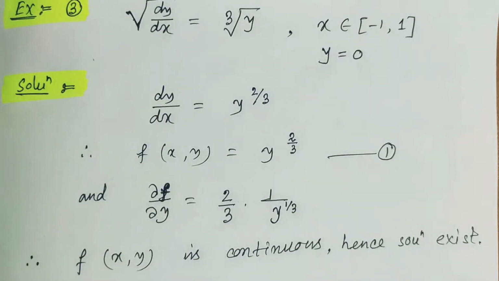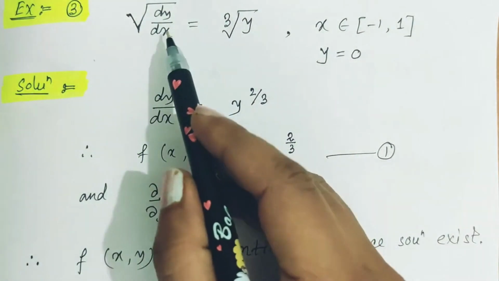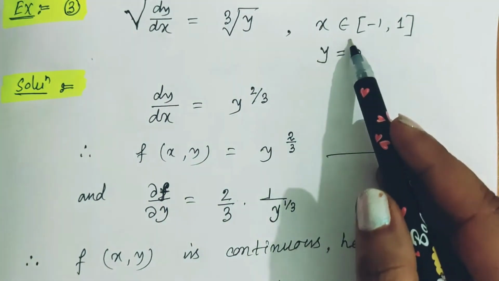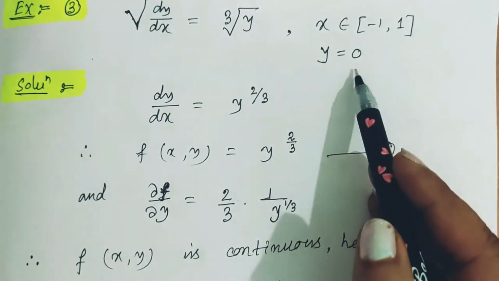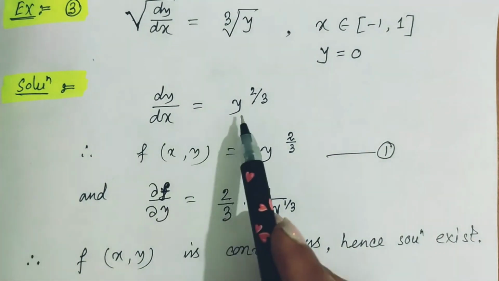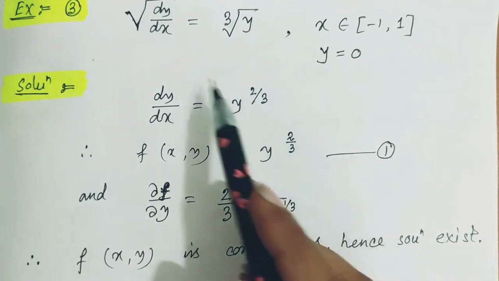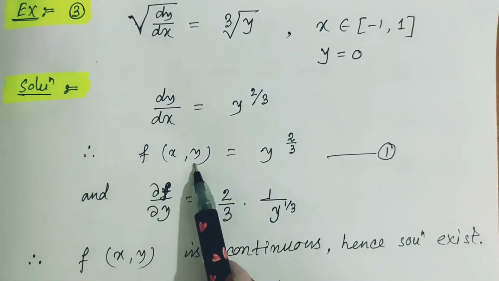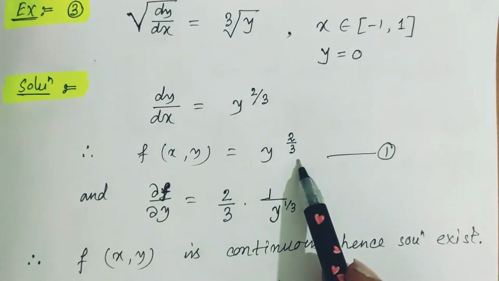One more example for you: dy/dx = cube root of y², where x lies between −1 and 1 and y(0) = 0. For this, dy/dx = y^(2/3), because if we simplify, we find it this way. Here f(x,y) = y^(2/3).